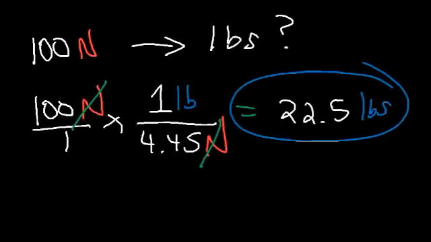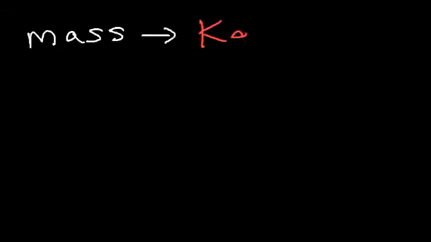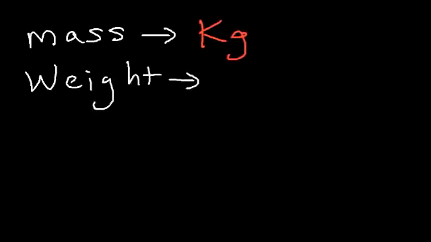Now what is the weight force? What's the difference between mass and weight? Mass is measured in units of kilograms. So in physics, whenever you see kilograms, it's associated with mass. Weight is different from mass. Weight is a force, and so weight is measured in newtons, sometimes pounds.